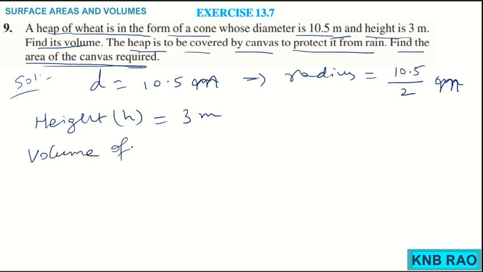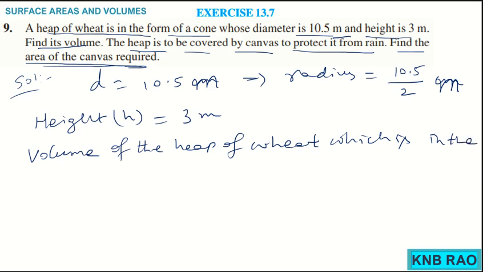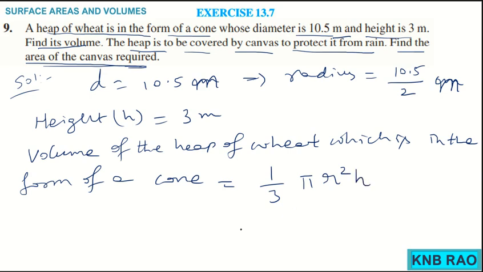volume of the heap of wheat, which is in the form of a cone, is 1/3 pi r square h.